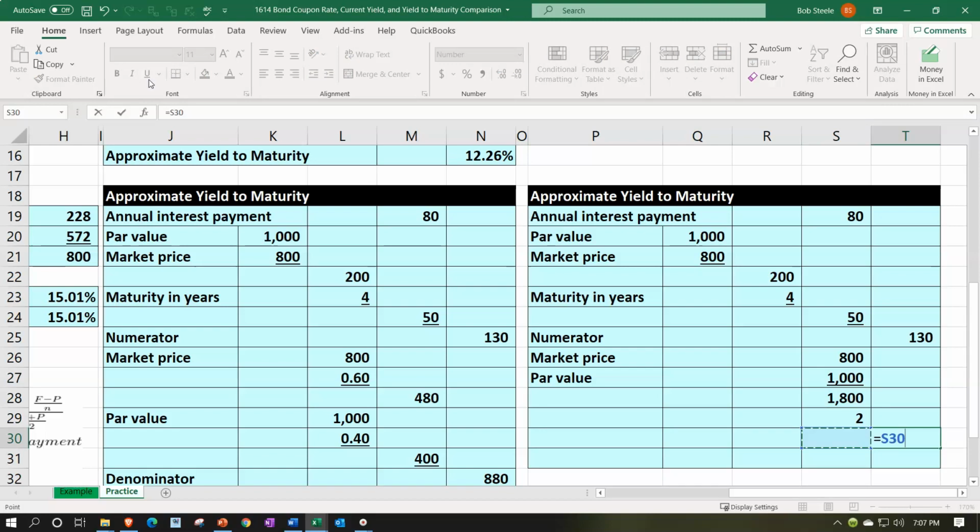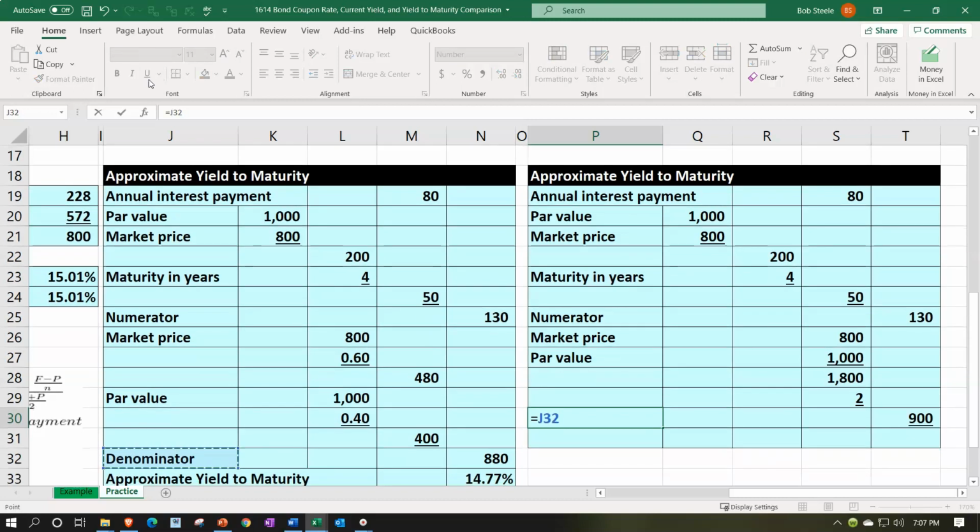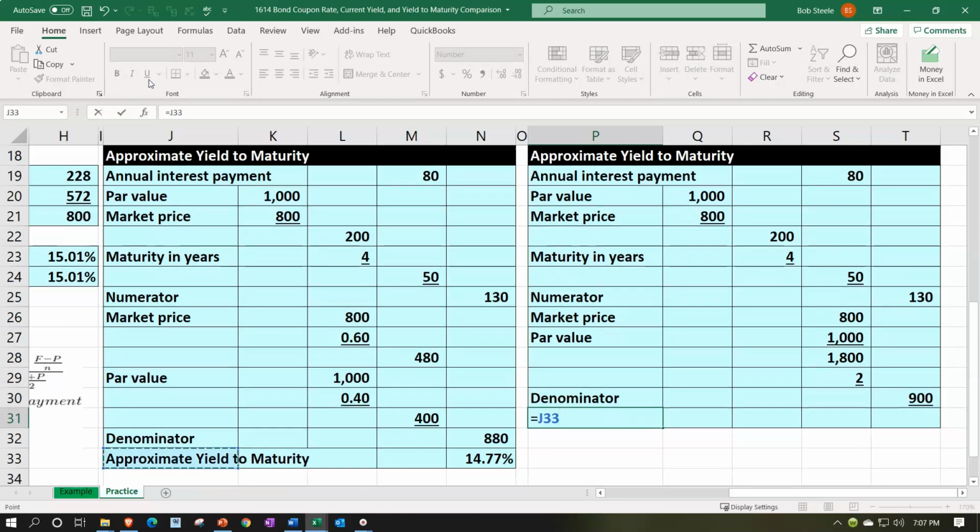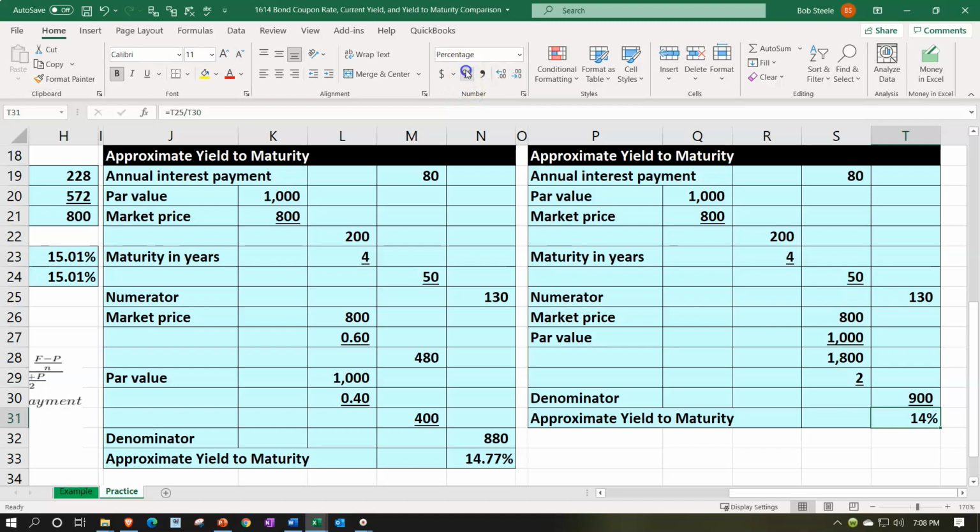That's going to be the 1,800 divided by 2, putting a line underneath the 2, and underlining the 900. This is going to be the denominator. And then we have the approximate yield to maturity, which is equal to the 130 divided by the 900. Making that a percent, and then we'll add a couple decimals.